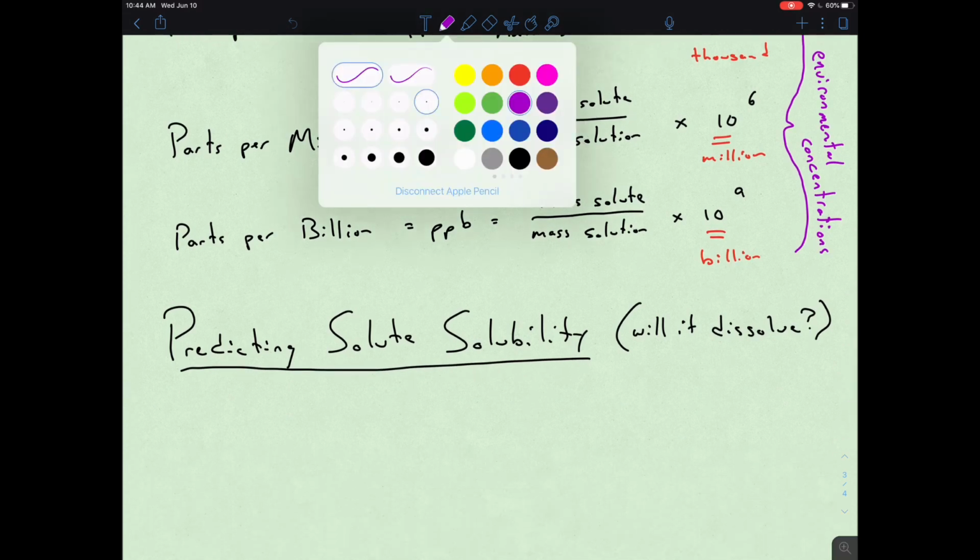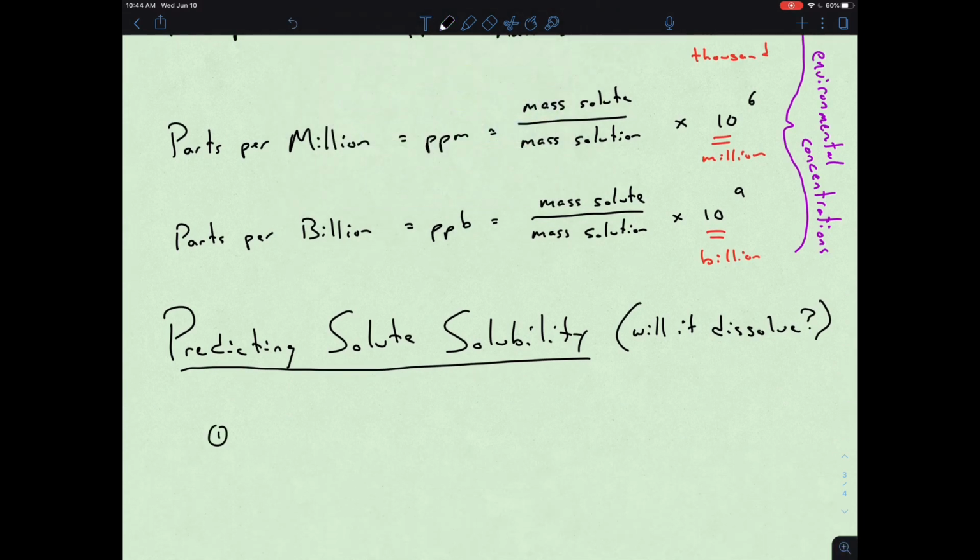So our first rule would be to look at the phase of the solute.